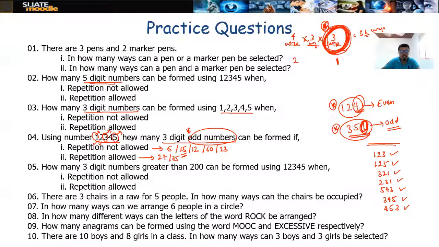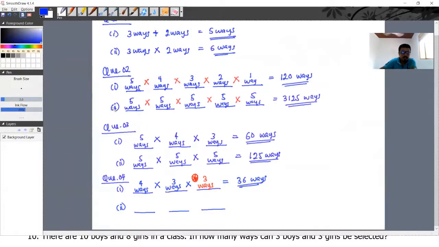It means there is a condition involved. That should be an odd number. Whether it is an odd number or not can be decided based on which digit? The last digit.